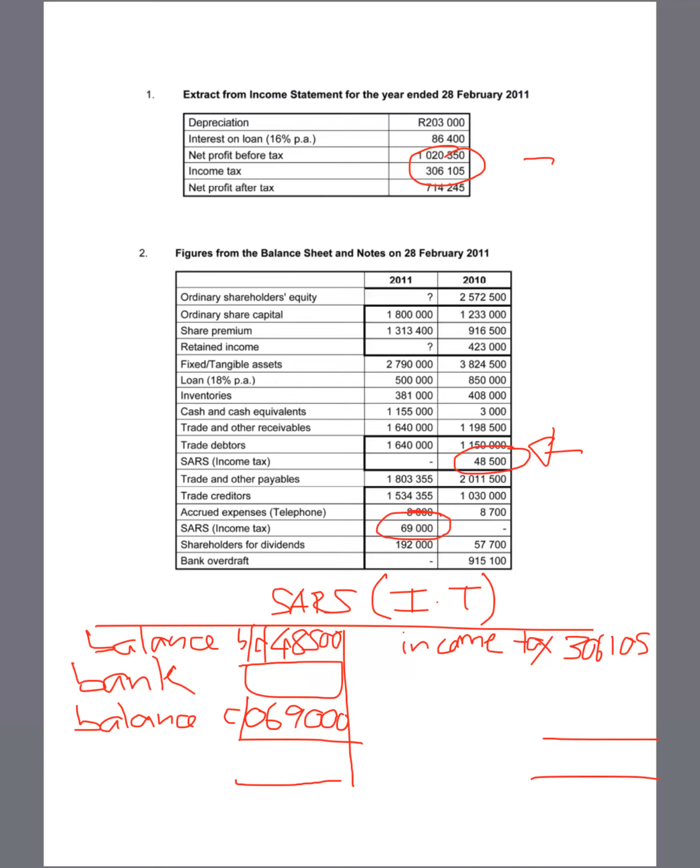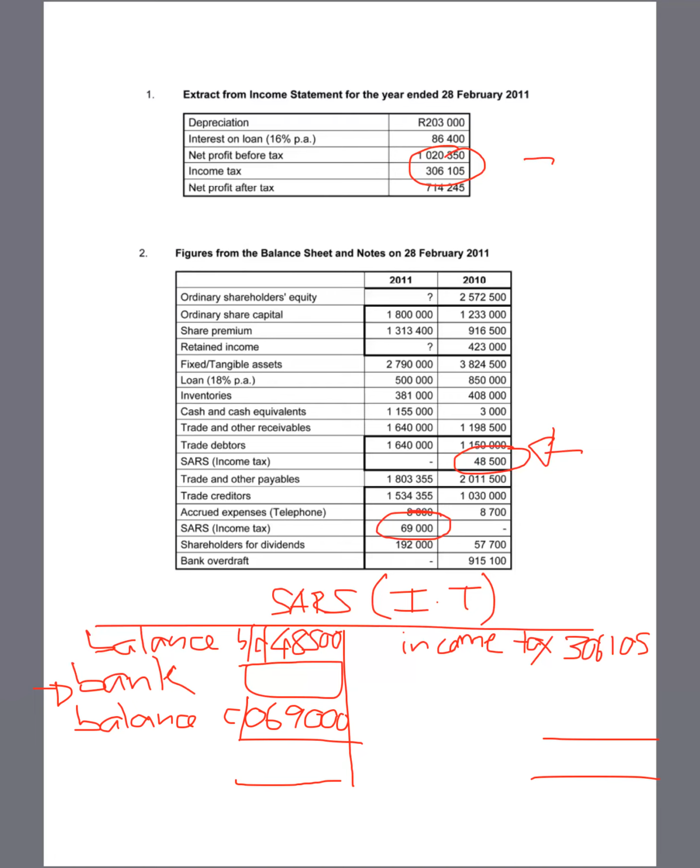So now how do I calculate this bank here? You're going to say 306,105 minus 69,000.